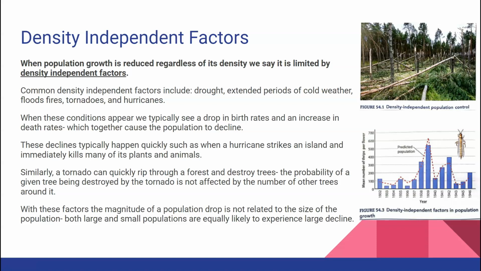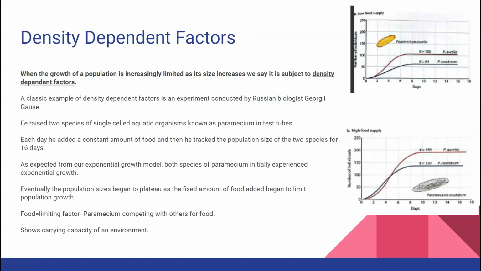When these conditions appear, we typically see a drop in birth rates and an increase in death rates, which would cause the population to decline. These declines typically happen quickly, such as with a hurricane or a tornado. With these factors, the magnitude of a population drop is not related to the size of that population. Both large and small populations are equally likely to experience a large decline.